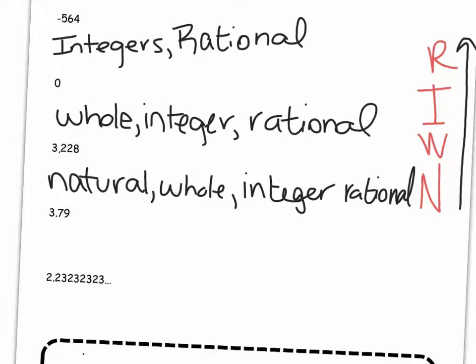So the only box it's going to fit in is the rational. Now, can you remember what kind of decimal that is? It's a decimal that stops or ends. So it's called terminating. So that is a terminating decimal, and it only fits into rational.